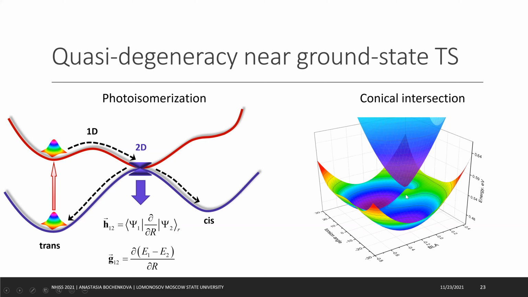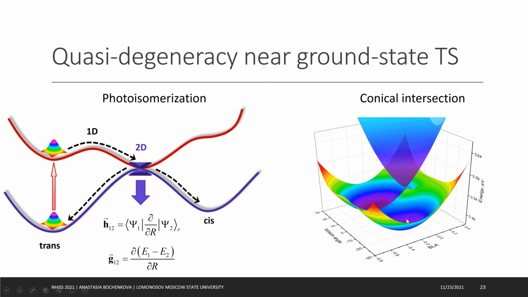And the presence of the conical intersection also leads to bifurcation in the ground state. Many of us know this, but this is just a very nice demonstration of it. So we have this pathway going from one isomer to the other, and we also have this pathway.